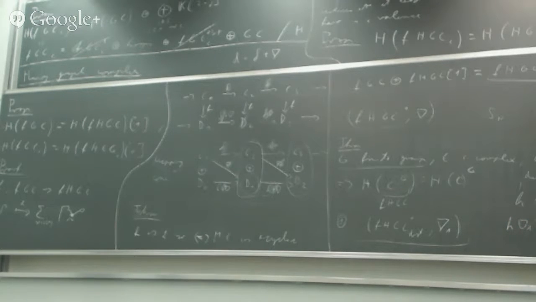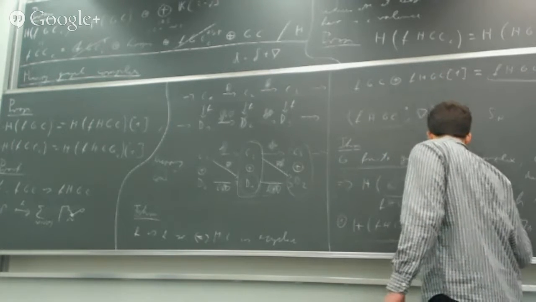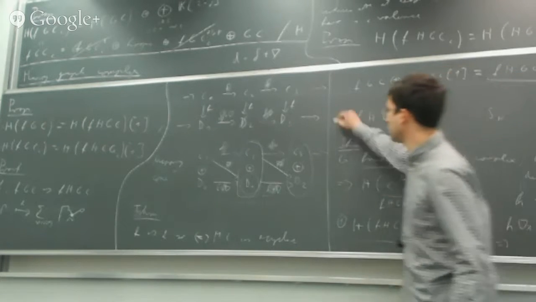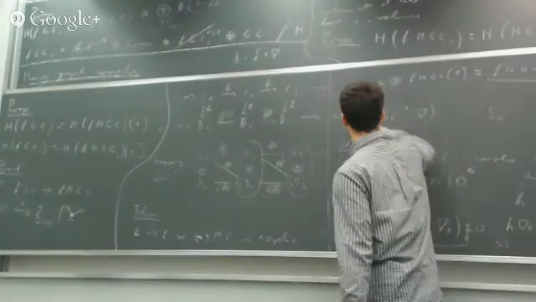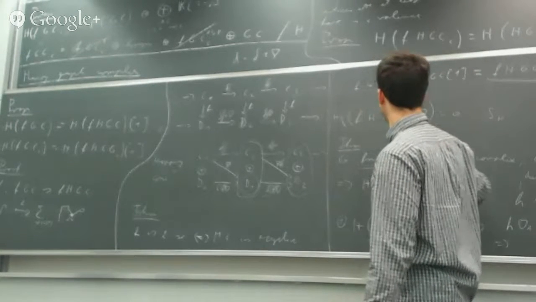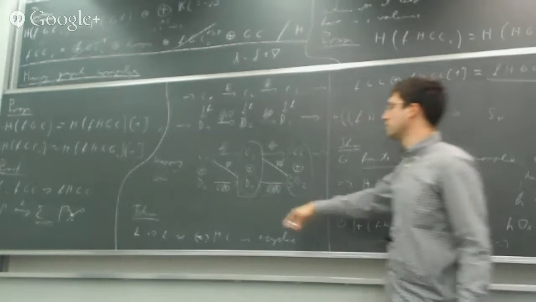And if you don't have one, this will be 0 and this will be the identity. So in any case, it's the identity. This means that this is acyclic. Because of that, this is acyclic. And because of that, the mapping cone is acyclic, and because of that, they are quasi-isomorphic.